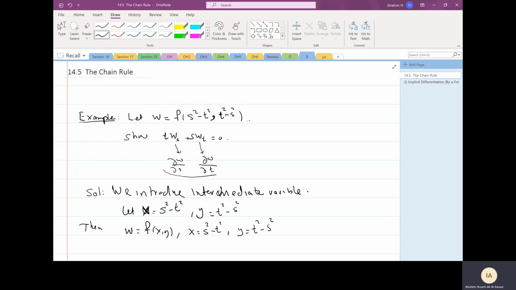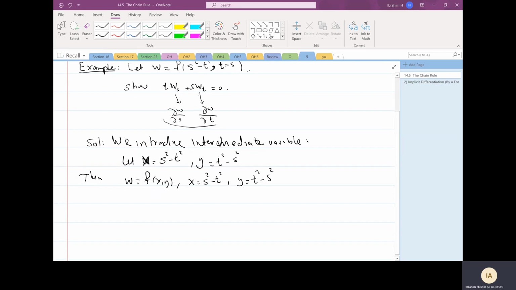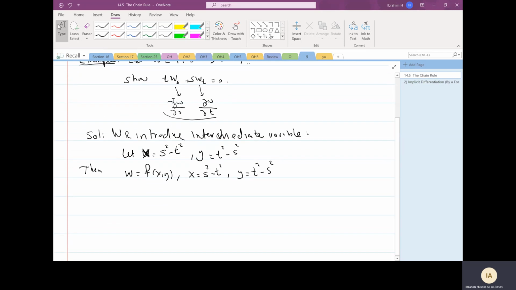Now to find W sub S and W sub T, I can use the chain rule. You have W, a function of X and Y, and X is a function of S and T, and Y is a function of S and T.